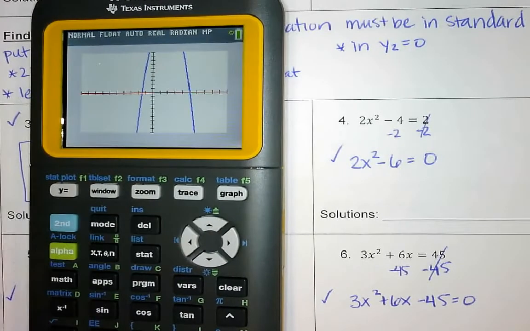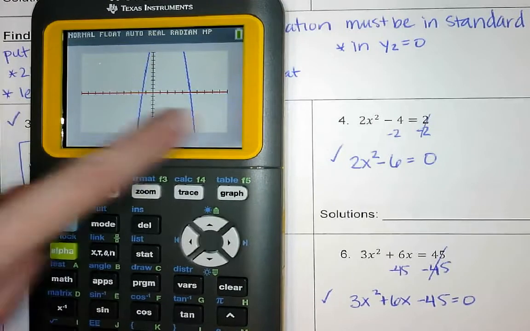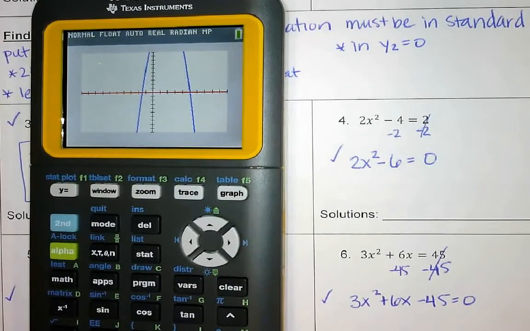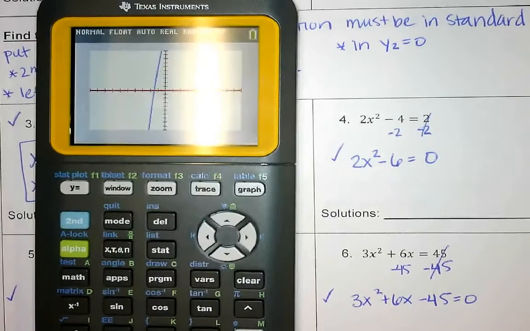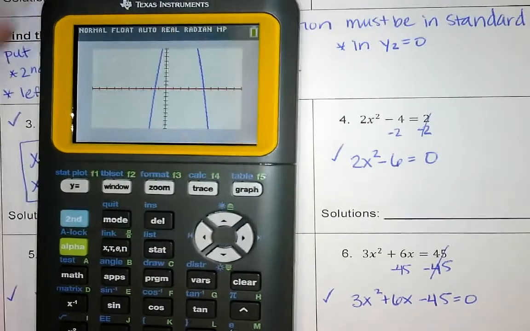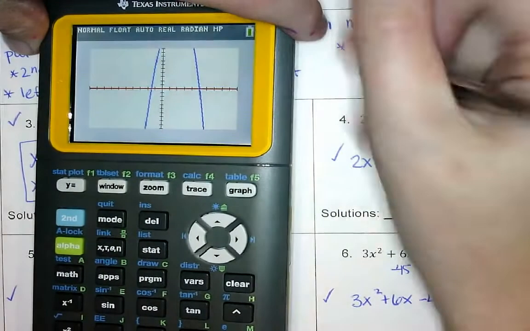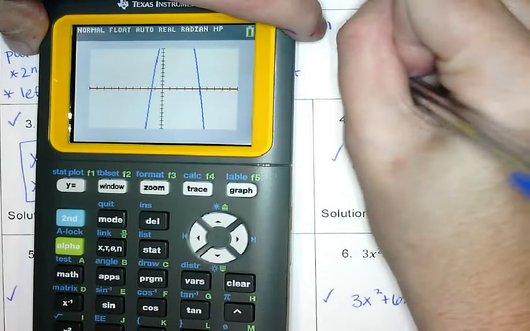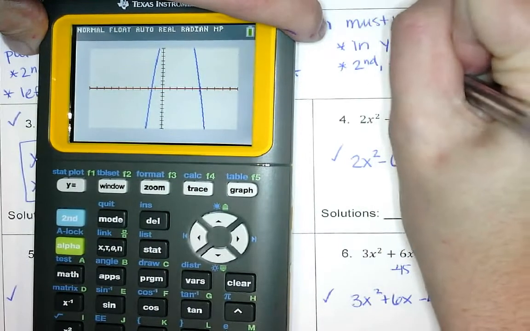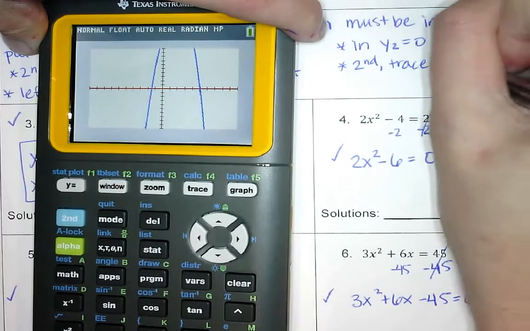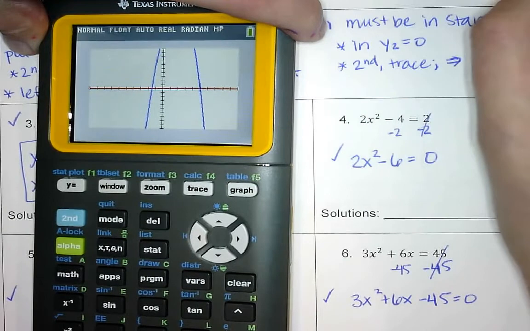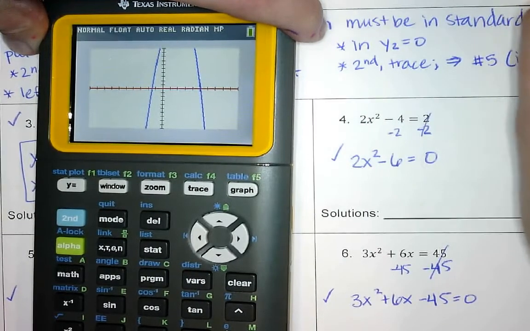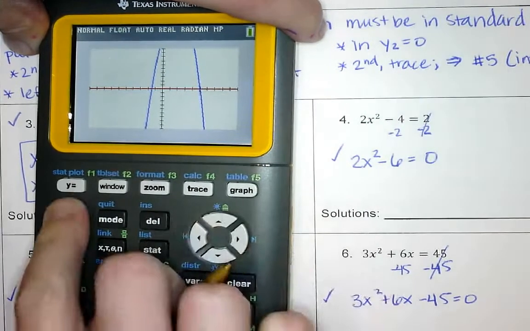Okay? And then, instead of second trace zeros, we are going to do second trace, and then we are going to use the intersection, okay? So we are going to go second trace because we want to see where the blue and the red intersect.